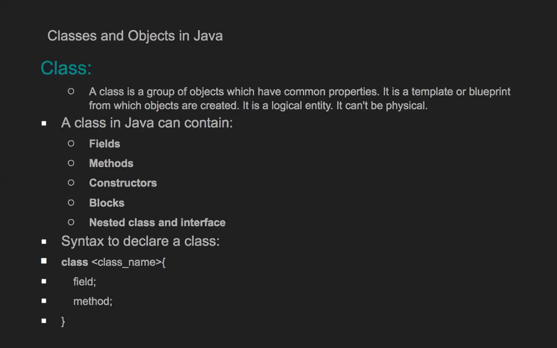Whenever we put batter in it, we bake it and take a cookie out of it. So that cookie maker is nothing but a class. And we declare the fields, methods, constructors, blocks, nested classes, and interfaces. By now we know what fields, methods, constructors, and blocks are.